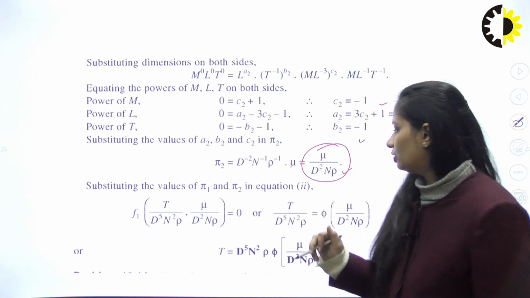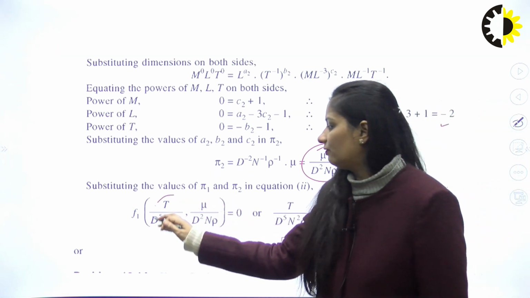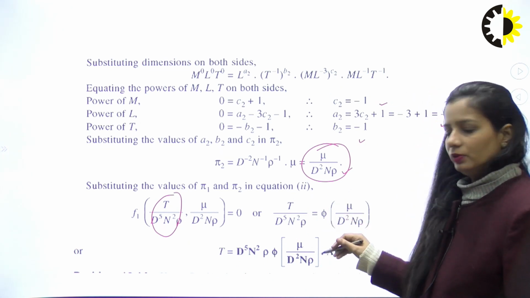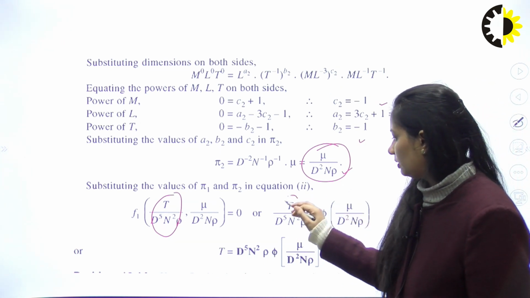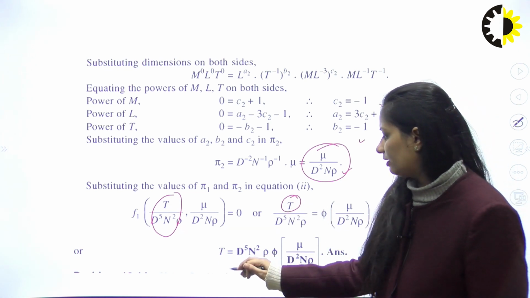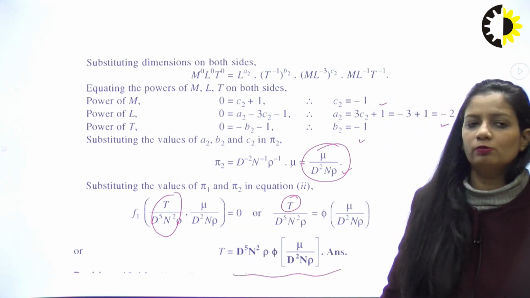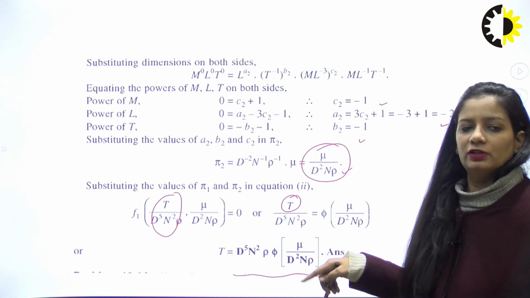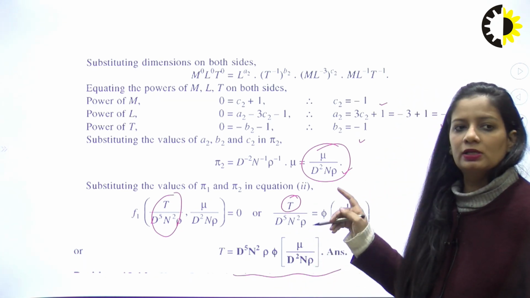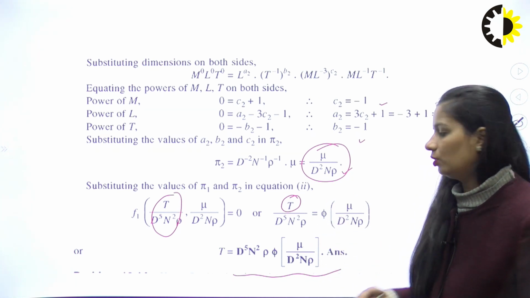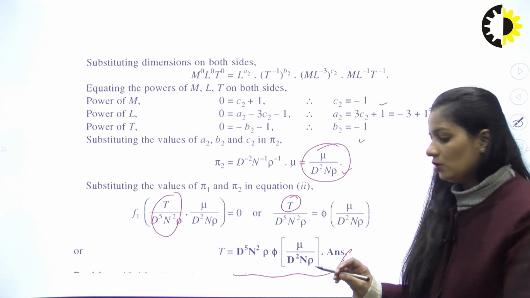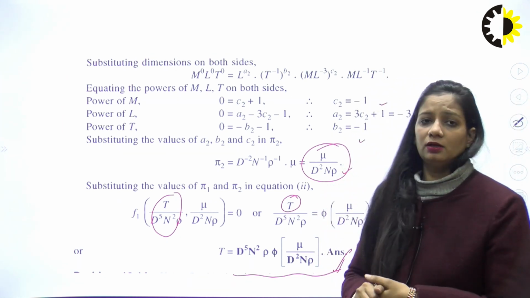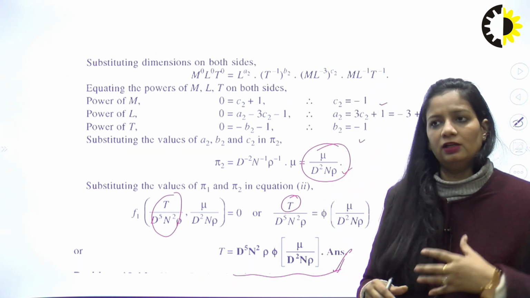Or you can write it as, just take one term and take a function phi of another term. So, here you can write the equation for T, that will be equal to d to the power 5 n square rho phi, or function of phi, which includes mu by d square n rho. So, this is how we can solve a particular equation that involves two pi terms.